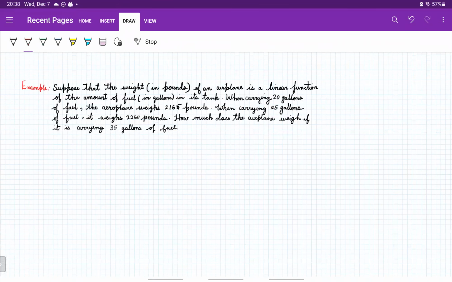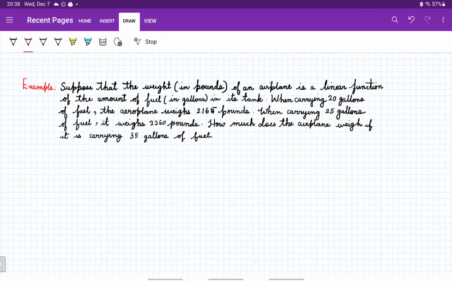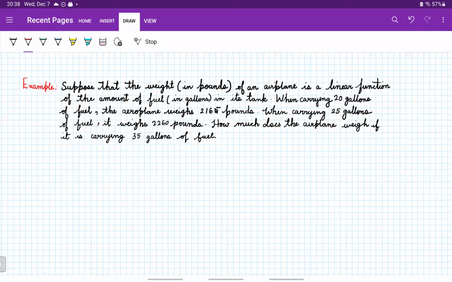So here I have: suppose that the weight in pounds of an airplane is a linear function of the amount of fuel in gallons in its tank. So basically, the weight of this airplane is linearly dependent on the fuel.